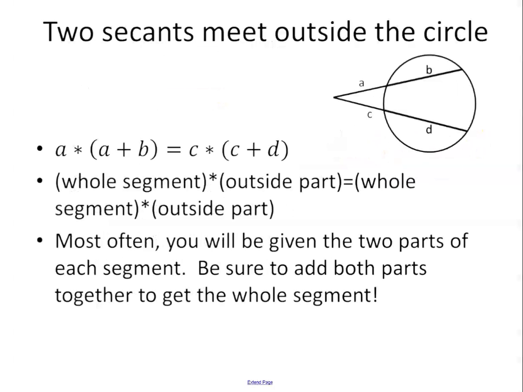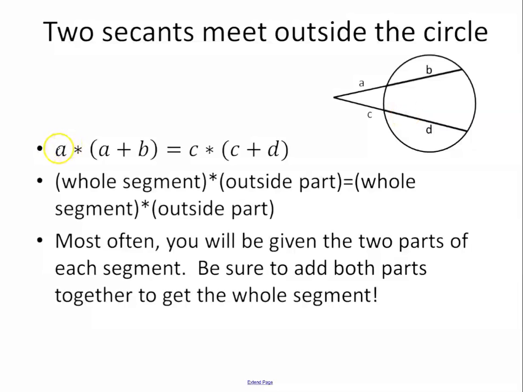Okay. Option number 2 is when you have two secants meeting outside the circle. And for this, looking at each secant, notice how A and B are together and C and D are together, and those are part of the same secant. So A is the outside part, B is the inside part of the same secant, and C is the outside part, D is the inside part of the same secant line.